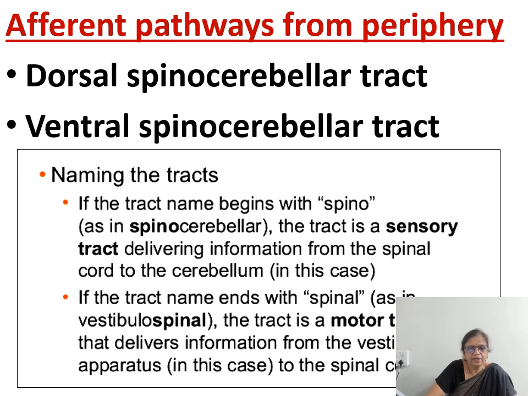How we name the tracts is: if the tract name begins with spino, the tract is a sensory tract delivering information from the spinal cord to the cerebellum. If the tract name ends with spinal, as in vestibulospinal or corticospinal, they are motor tracts that deliver information from, suppose it is vestibulospinal, the vestibular apparatus to the spinal cord.